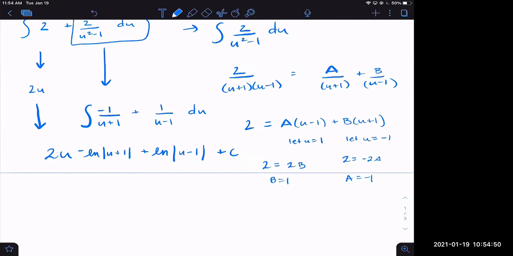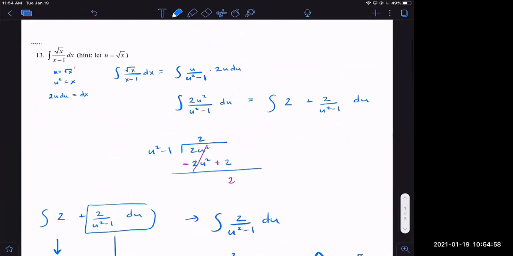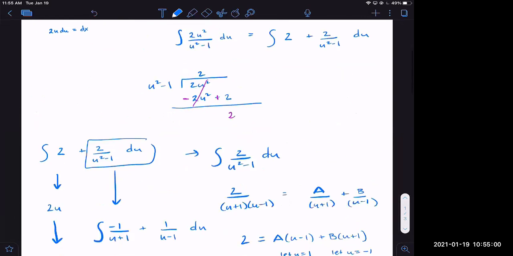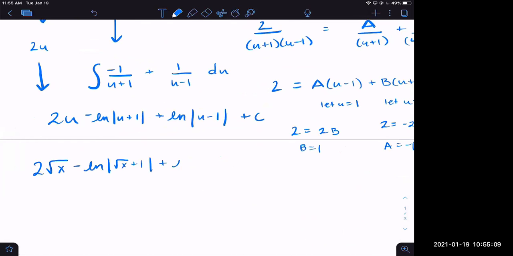And one last thing we have to do: put x back in. At the very beginning, u was root x. So my final answer: 2 root x minus natural log of root x plus 1 plus natural log of root x minus 1 plus C.